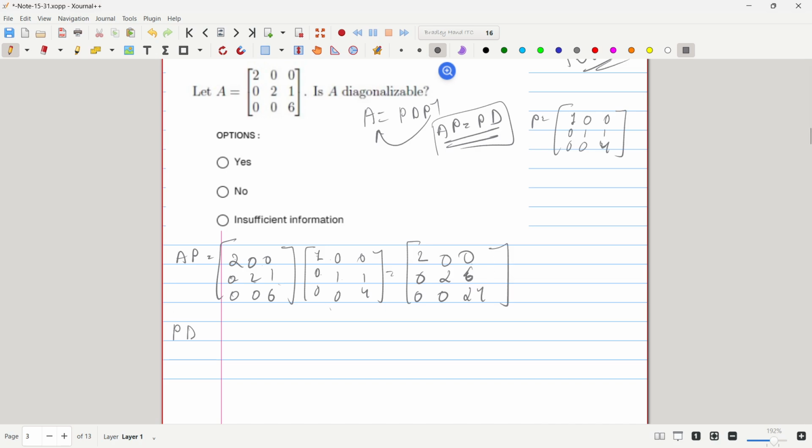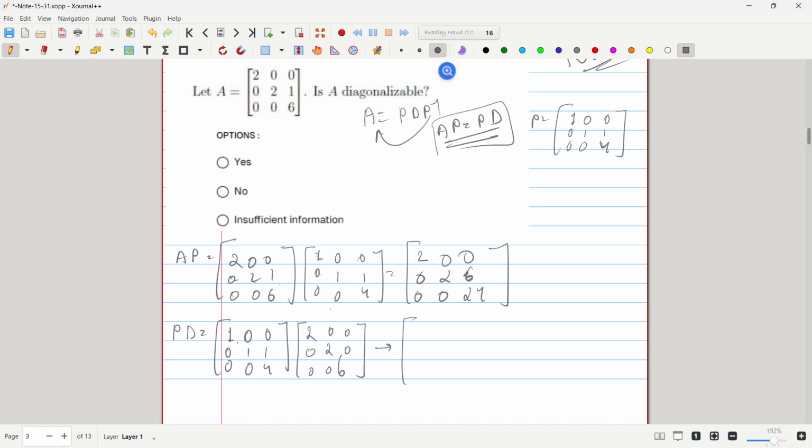Now find PD. What is P? 1, 0, 0, 0, 1, 0 and 0, 1, 4. What is D? D is 2, 2, 6, and the rest 0.